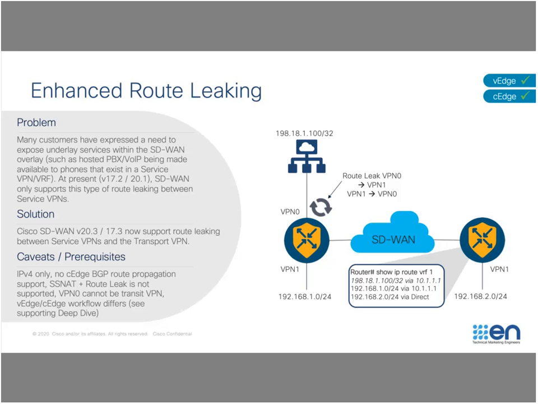I don't need to do anything special. I can forward this traffic directly into the underlay untouched and leak it between route tables so that, in the case of UC, my phones or my gateway appliances can actually reach that SIP service in the underlay uninhibited, right? So I can set up two-way communication with devices that are outside the SD-WAN fabric using this feature.